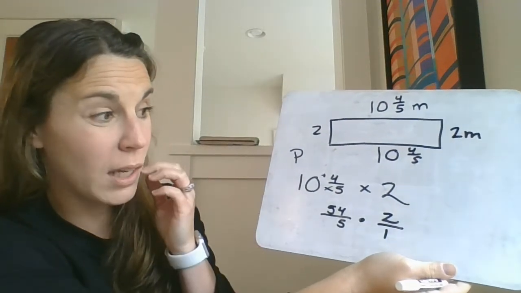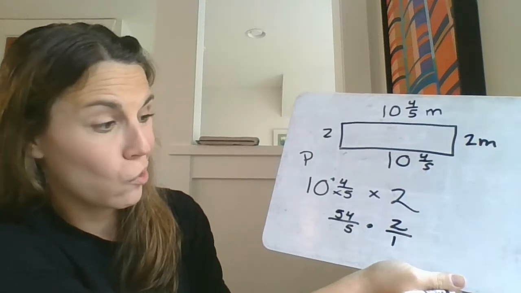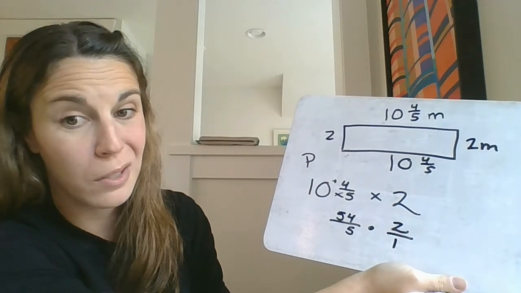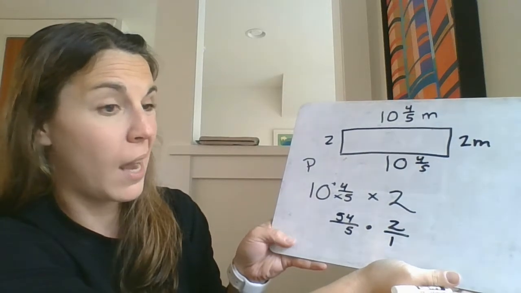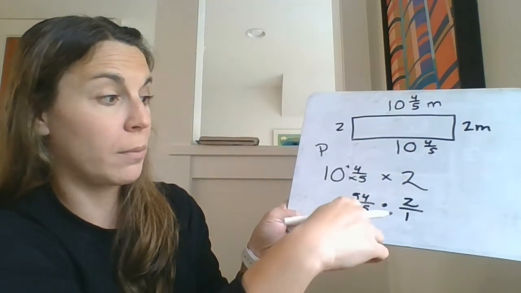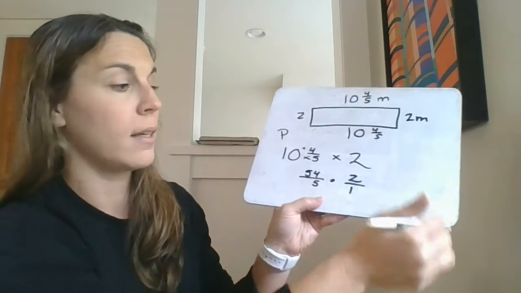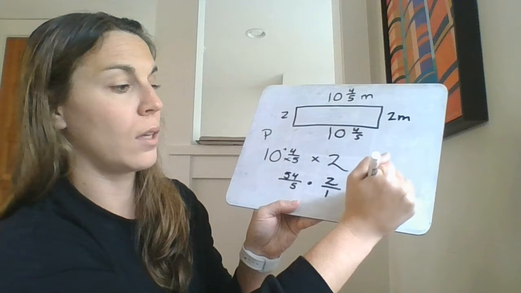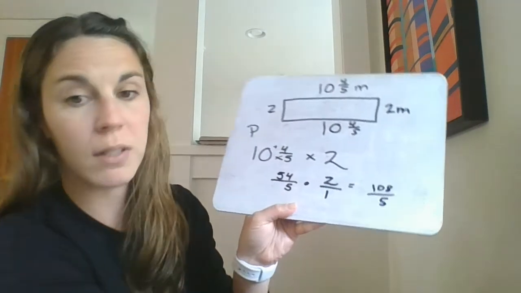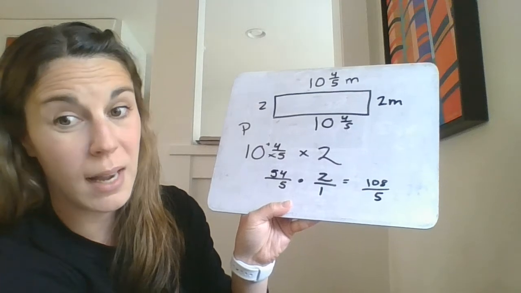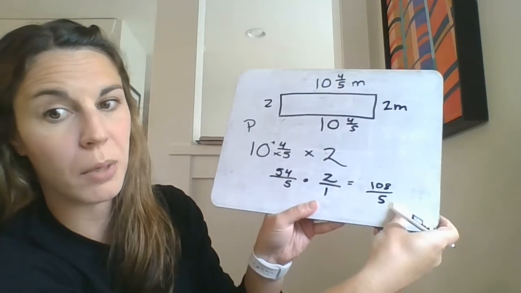Okay, now unfortunately, this is going to kind of be a hard one. I cannot do any cross simplifying on this one, can I? No. Okay, so what I'm going to have to do is just multiply 54 times 2, which is going to be 108. So it's going to be 108 fifths. Okay, now I know I'm not going to leave it as improper, so I'm just going to have to turn it back into a mixed number.